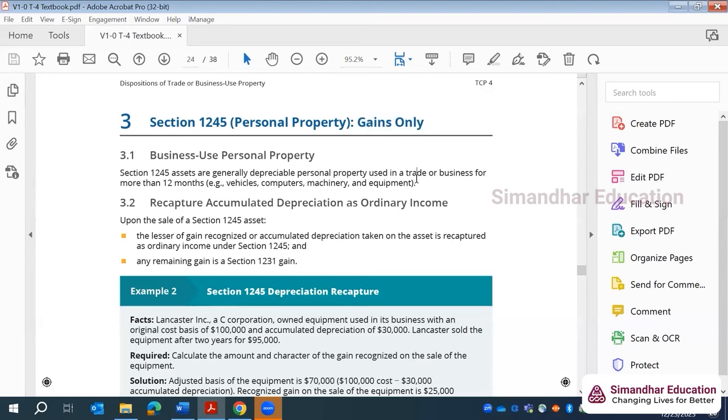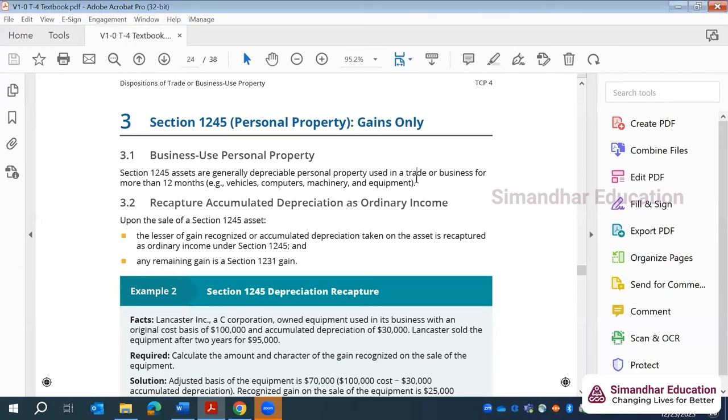Now, before I give you more information about this section, this says that it is only applicable to gains. So let's understand this in a very logical way. If you have bought a vehicle and you are using that vehicle for business purposes, there is wear and tear happening. So in order to record that wear and tear, what do you usually do to the assets?